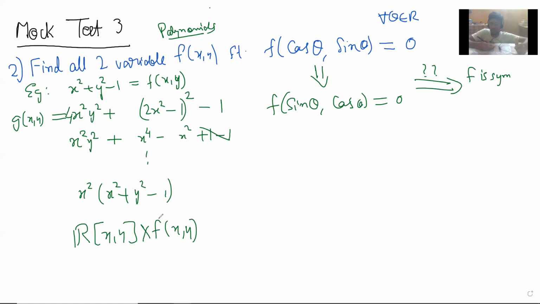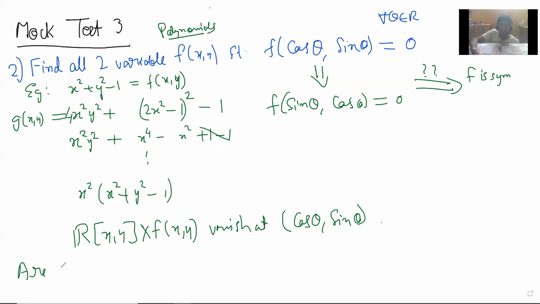So all these things vanish on the unit circle. But really the question is, are there any other polynomials?